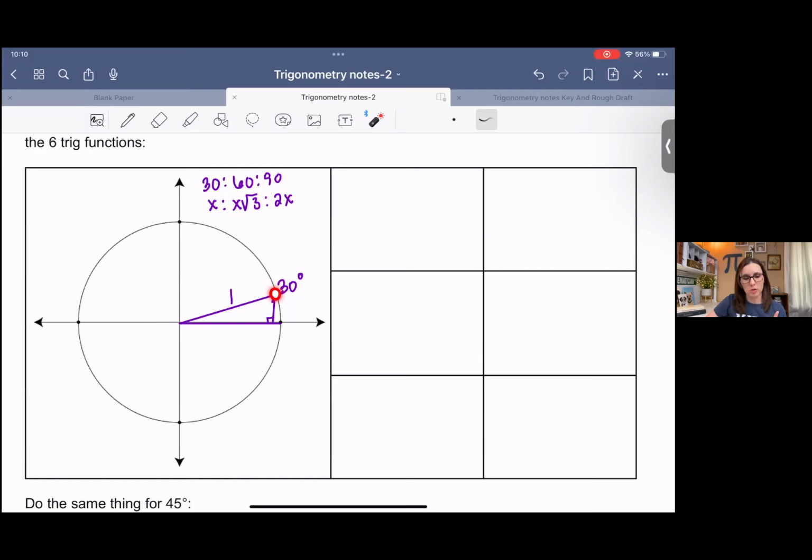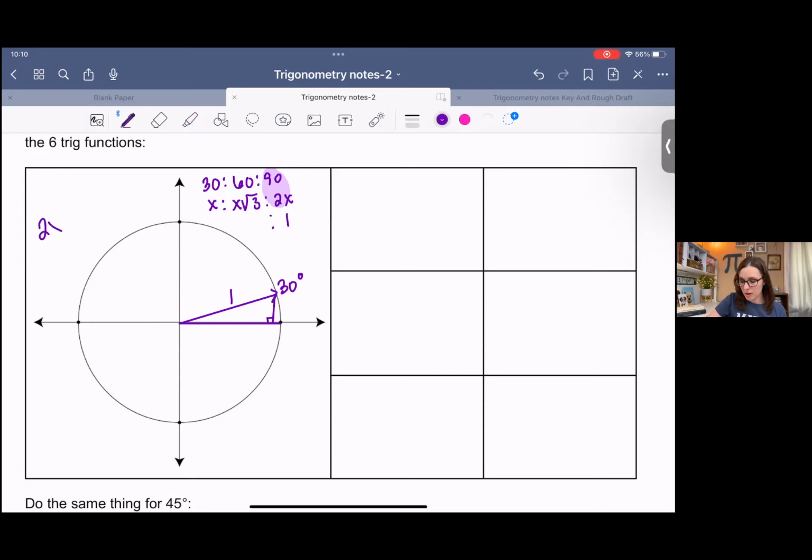I don't think I said that earlier. We're trying to figure out this point here, which means we're going to have to find x and y to figure out that point right there. So with the 30, 60, 90 triangle, I am given the side across from the 90 degrees. That is 1.